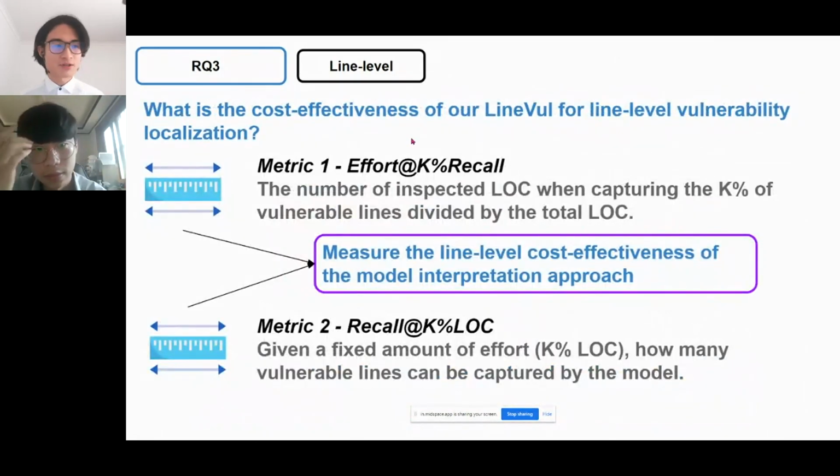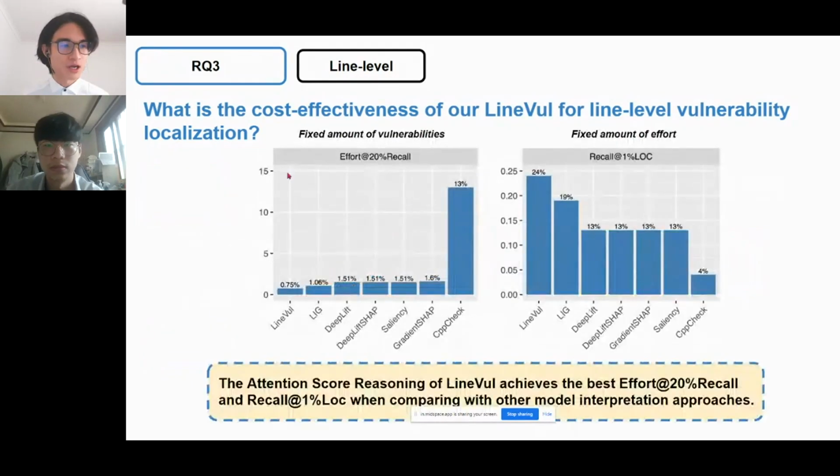For research question 3, what is the cost-effectiveness of LineVul for line-level vulnerability localization? To answer this question, we use effort at K% recall and recall at K% lines of code. We aim to measure the line-level cost-effectiveness of the model interpretation approaches.